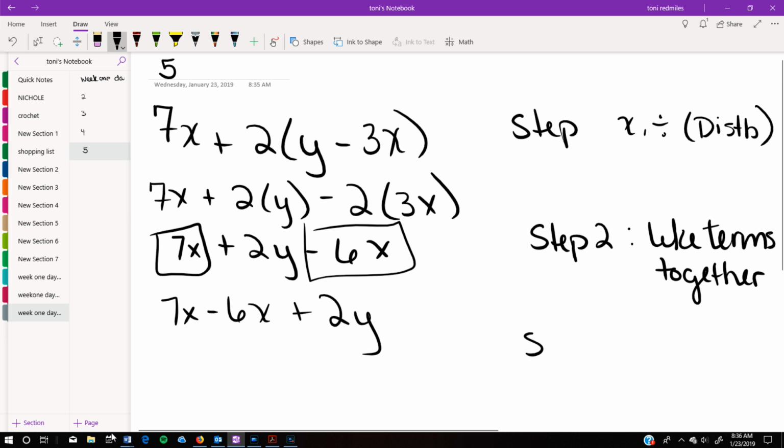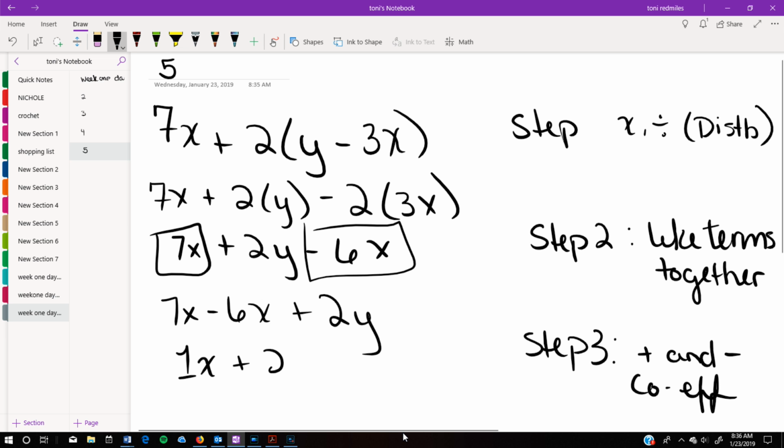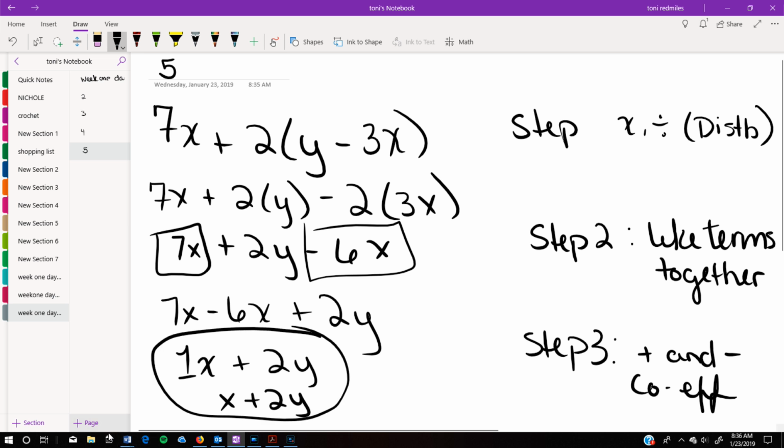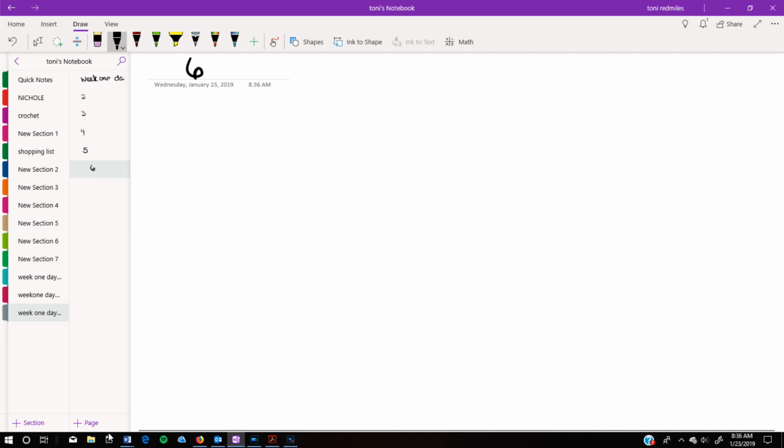So now I'm on to step 3, which is add and subtract coefficients. So 7 minus 6 is just x, or 1x, plus 2y. So you could write it this way, or this way would also mean the same thing. Last one, right? Yep, last one.